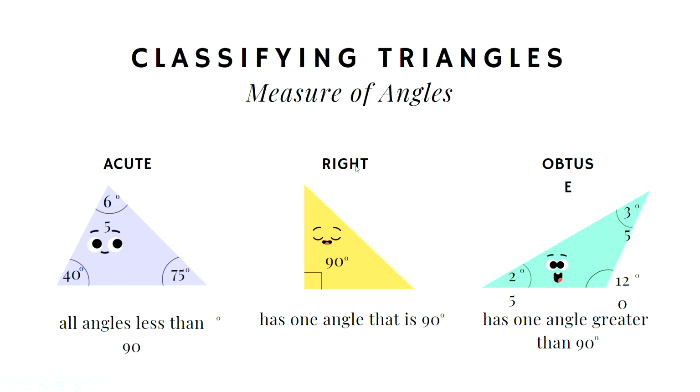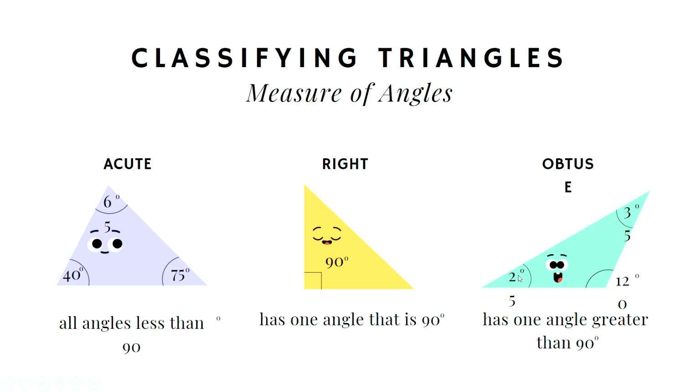Then the next type of triangle is the right angle triangle. It has one angle that is 90 degrees. At least here in this triangle we have one angle of perfect 90 degrees. As 90 degrees is known as a right angle, just because of this 90 degrees its name is right angle triangle. And the last one we have is obtuse.